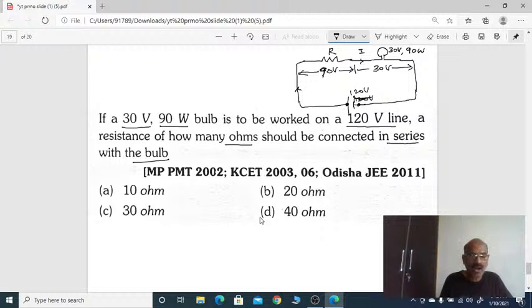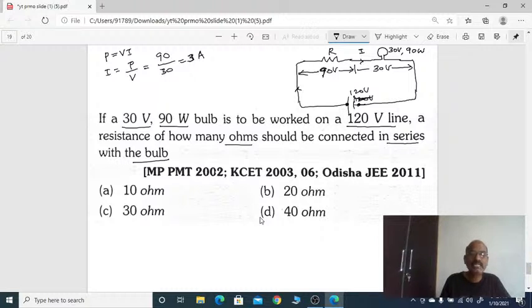Suppose I take R as the resistance that must be connected in series with the bulb. Now how much current is flowing through the bulb, I? We know power equals V into I, so I equals P by V. The power is 90 watt and the voltage is 30, so you will get 3 ampere. Now the current flowing through the resistance will be 3 ampere.